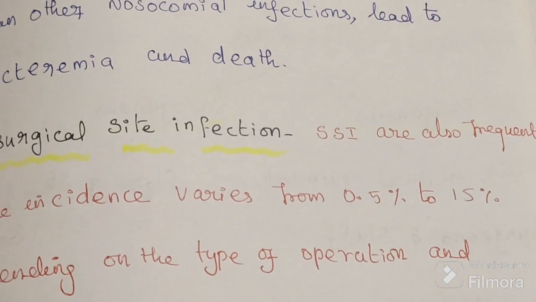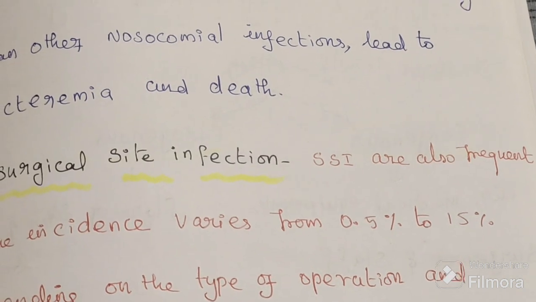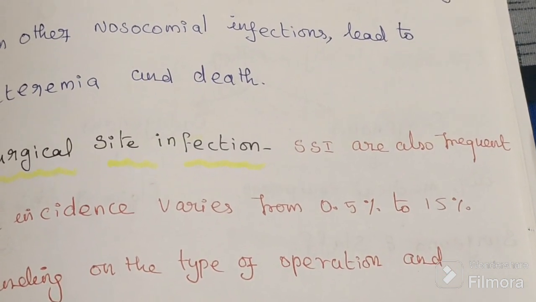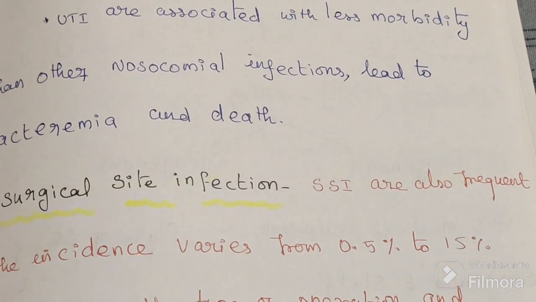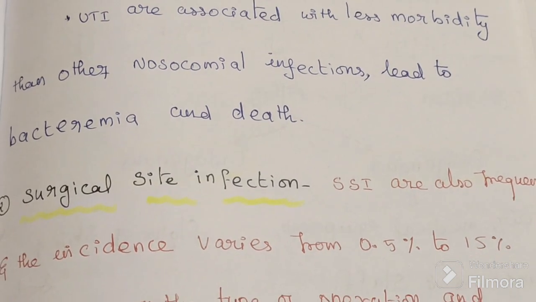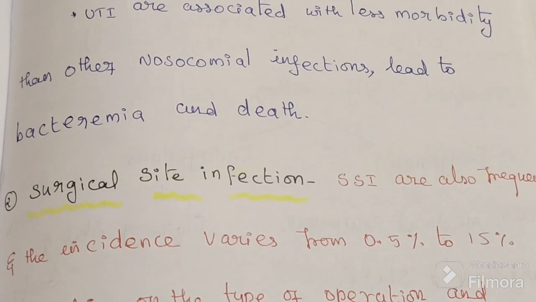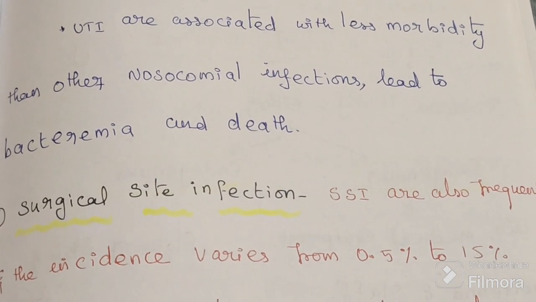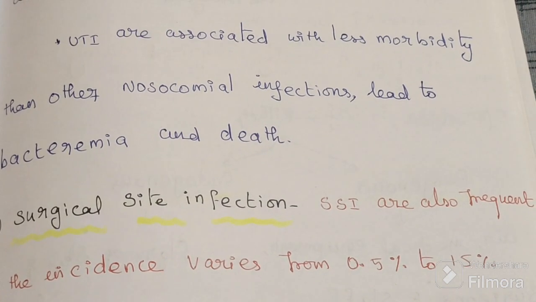Surgical site infections are also frequent and the incidence varies from 0.5 to 15 percent depending on the type of operation and underlying patient status. These infections cause significant problems and limit the potential benefits of surgical interventions.